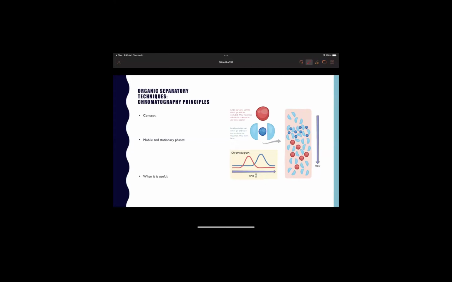So usually it's silica, so it's polar, and the other one's usually non-polar, and then how you can measure how far it moves up, that's RF or something like that, from what I remember.